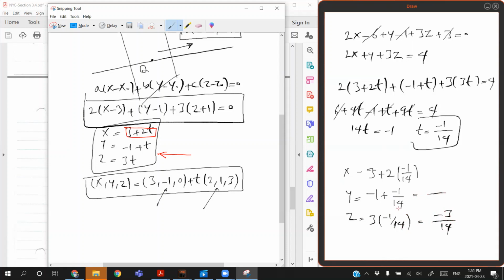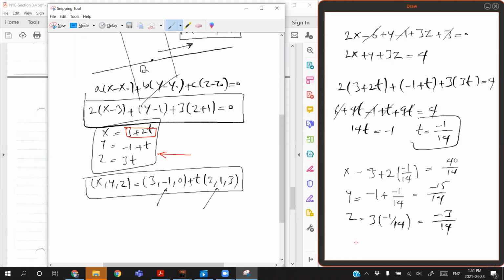Here it gives me, this is like having negative 14 over 14, that's negative 15 over 14. And for this one, I'm going to use a calculator. 3 minus 2 over 14 gives me 20 over 7, or 40 over 14.